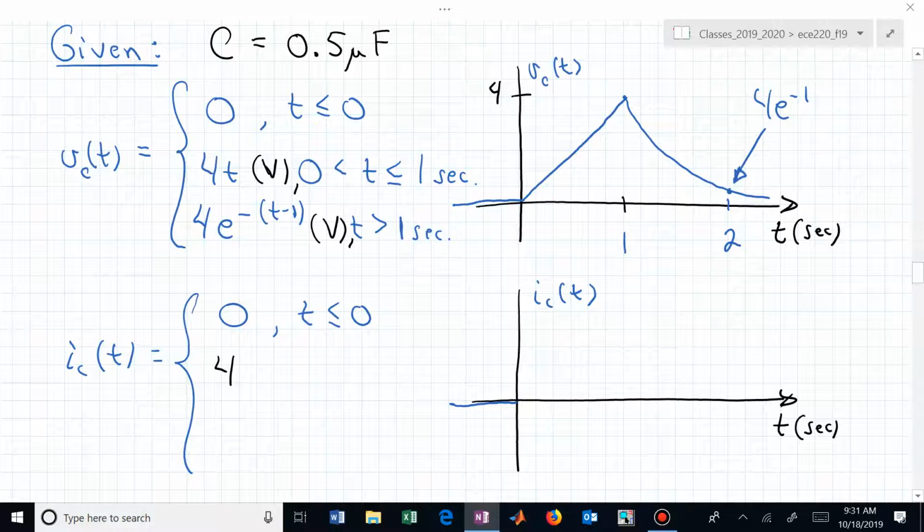Isn't that what? I'm sorry, I differentiated voltage. I is equal to C dV dt. But we can't forget C, can we? We need to scale that by the capacitance, which was 0.5 microfarads. So this is now 2 microamps from 0 up to 1.